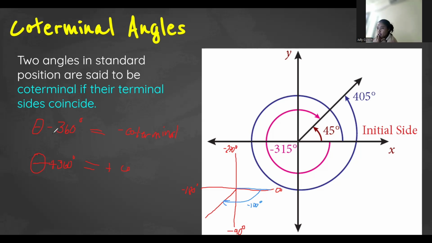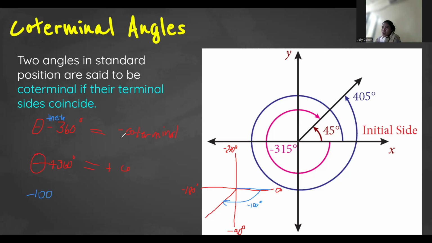So if we try to use the formula, the given angle is theta. By the way, this is the theta symbol, a Greek letter. So theta is negative 100 degrees.